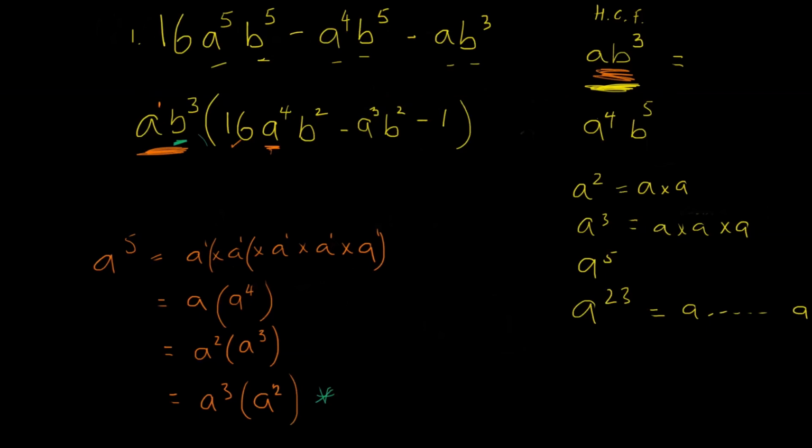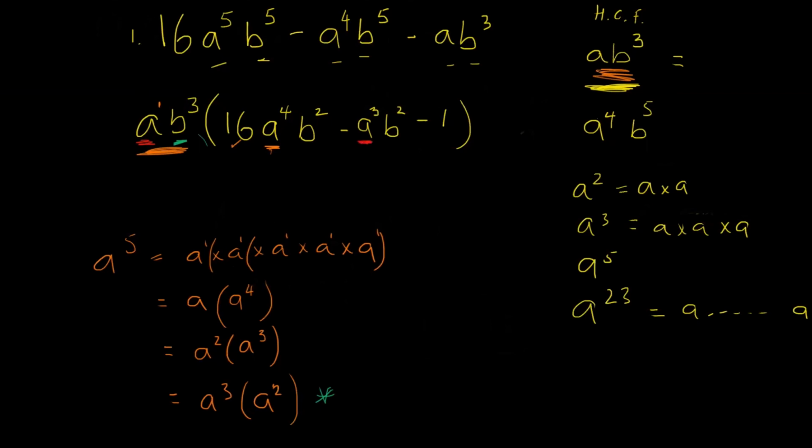Make sure you understand. Let's do the second part of the equation, and I'll do it in red. If I've taken the a outside here, and I need to get to an a^4, I need to multiply it by a cubed.